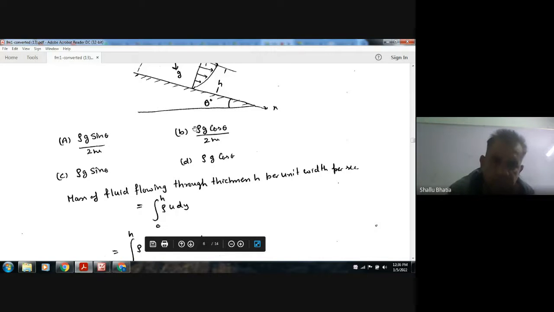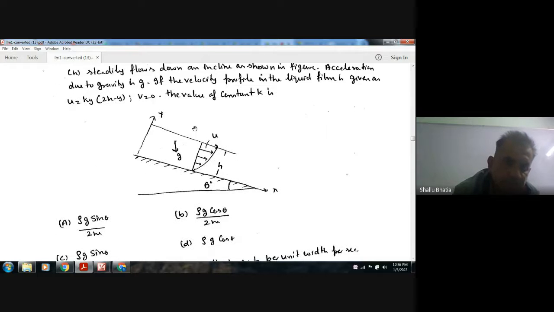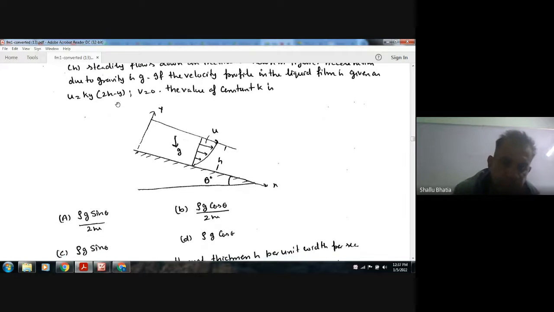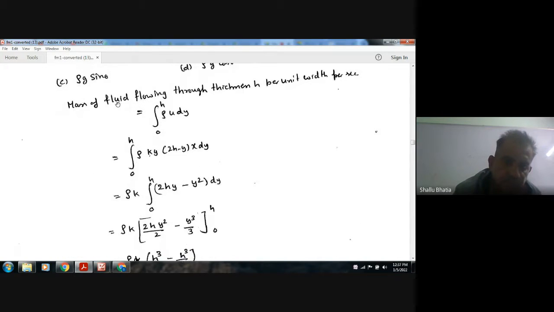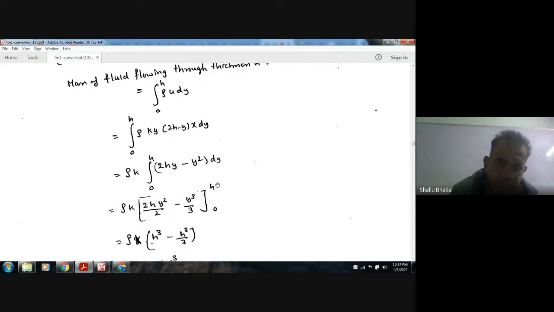Now u is a function of y: ky(2h minus y). Putting this value, we get rho k times the integral of (2hy minus y square) dy.